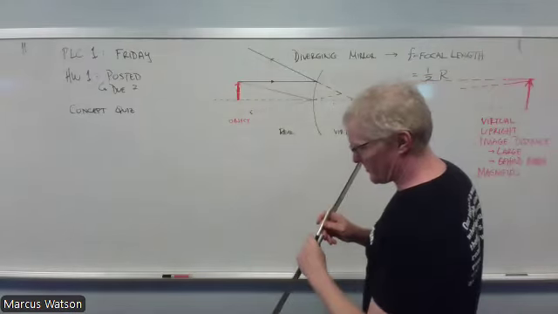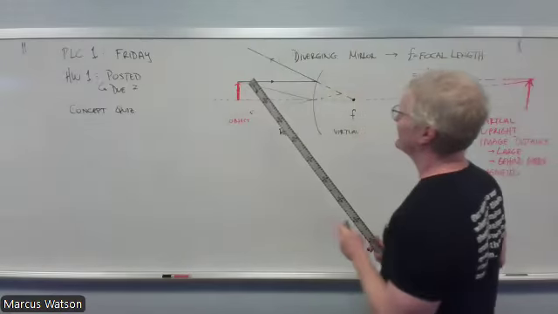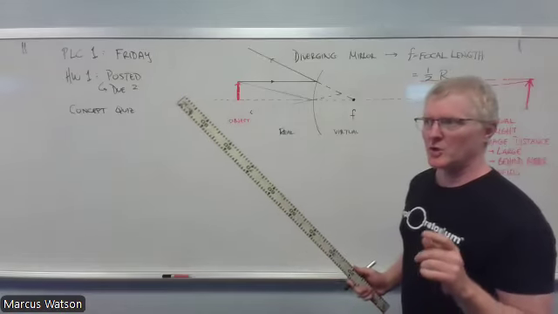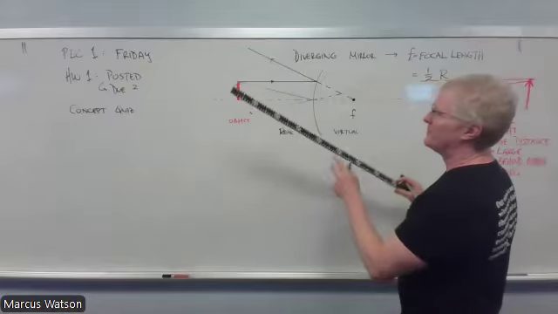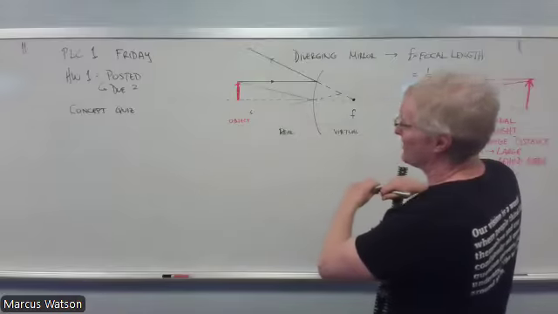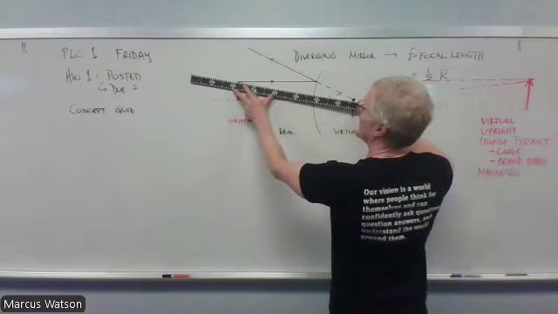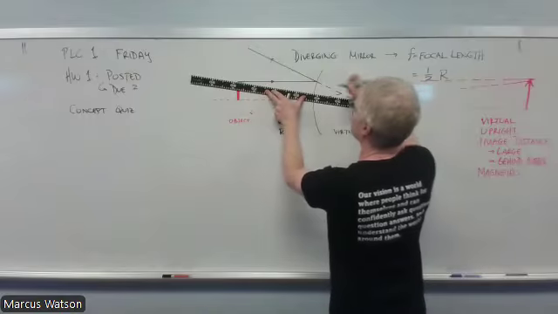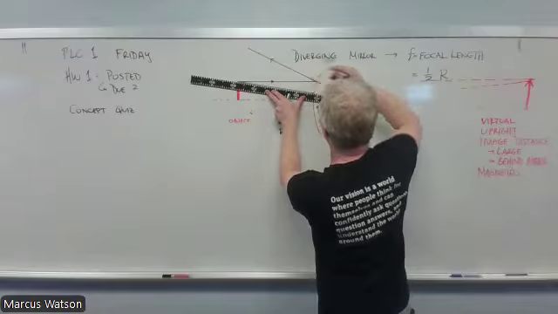Let me just draw ray number 3 real quick before we lose our focus on this one. Remember, ray 3 goes through the focal point, or from the focal point, but at least it's aimed at the focal point. So in this case, ray number 3 leaves the top of the object and is headed directly at the focal point, like that.